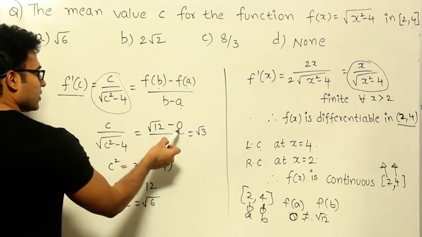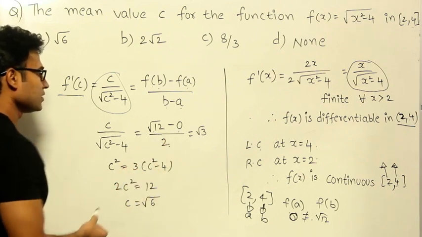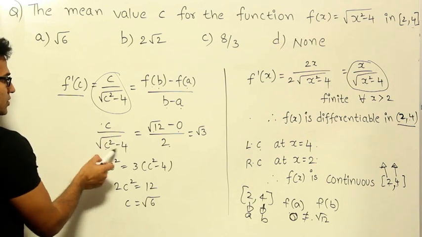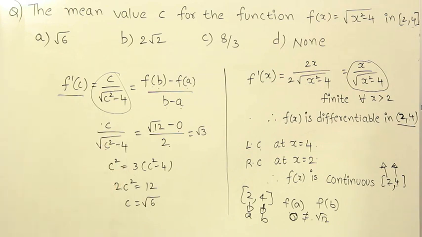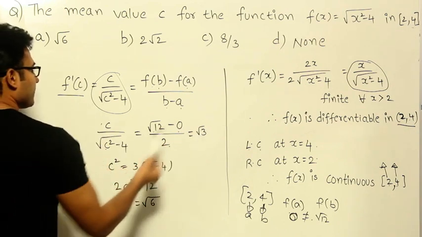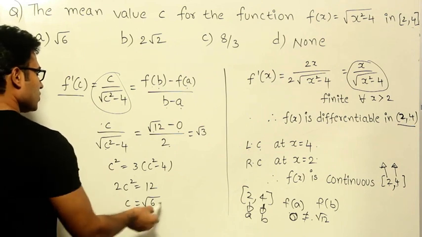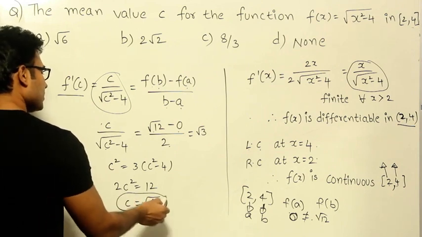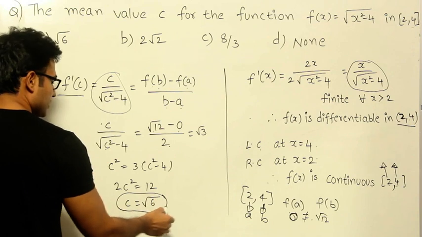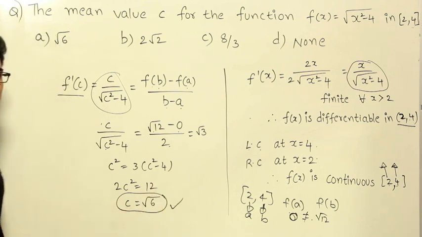F of b is root 12, f of a equal to 0, and b minus a is 2, right? So C by square root of C square minus 4 equal to root 3. If you solve it, you are going to get that the point C is root 6. Got it? Okay.